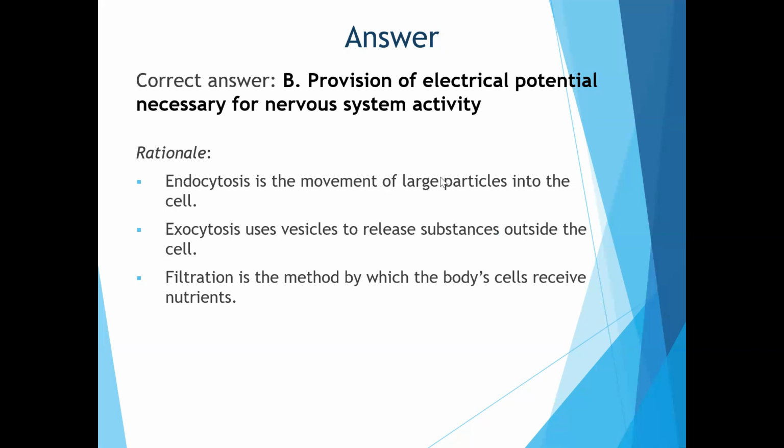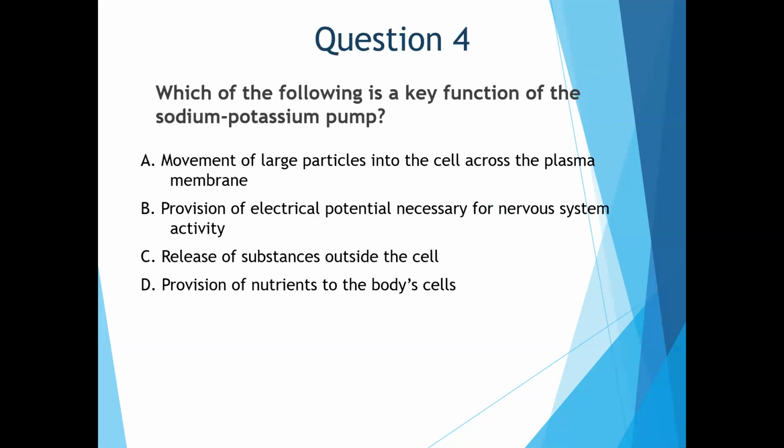And filtration is the method by which the body's cells receive nutrients. So filtration, that would be exocytosis. That's typically going to be done by a vesicle. And this also could be done by a vesicle and or channel proteins.